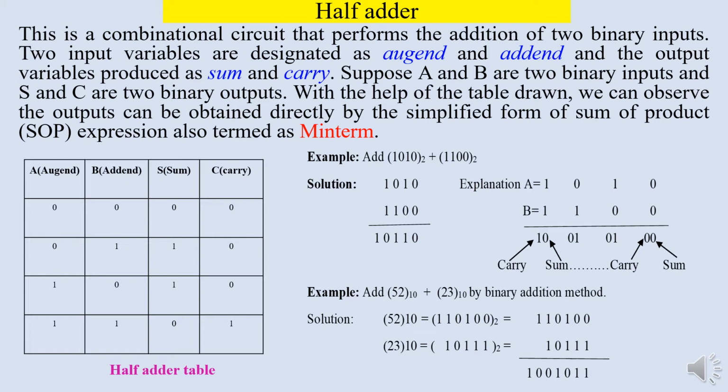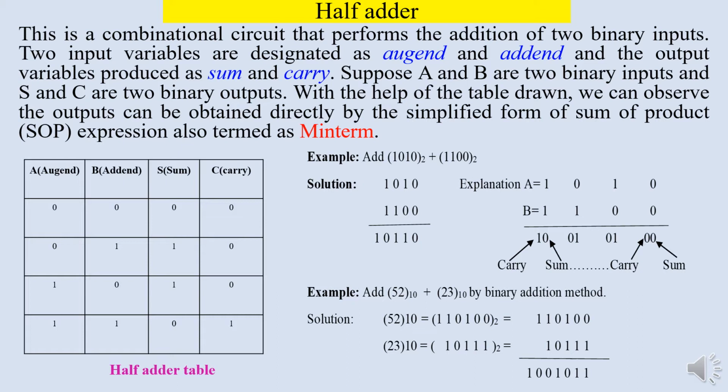Suppose A and B are two binary inputs and S and C are two binary outputs. With the help of the table drawn, we can observe the outputs can be obtained directly by the simplified form of sum of product terms, that is SOP, also termed as min term.